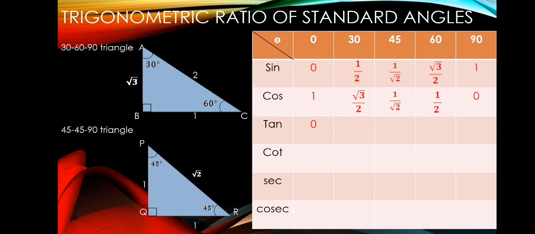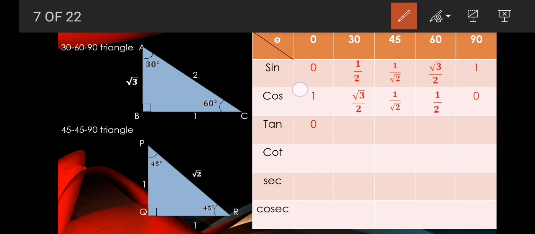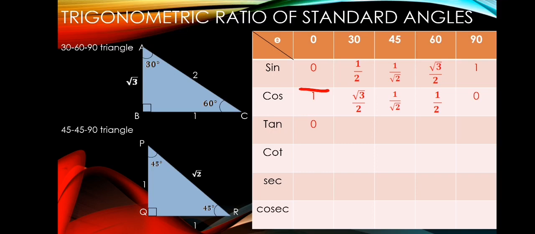So tan 0 will be sin 0 upon cos 0, that is 0 upon 1, which will be 0. Now tan 30 will be 1 upon root 3, because 2 will get cancelled.